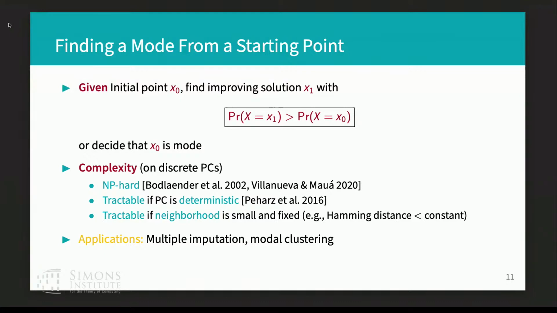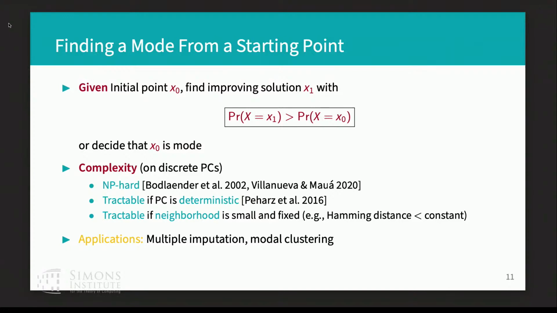We were trying to prove something else about robustness, but in the end that also implies that finding an improving point is NP-hard. And of course, if the PC is deterministic, you can do it, and you can do it if you define your neighborhood small enough, right?